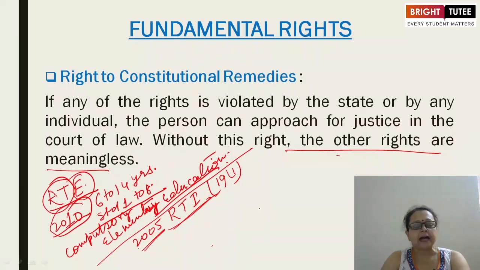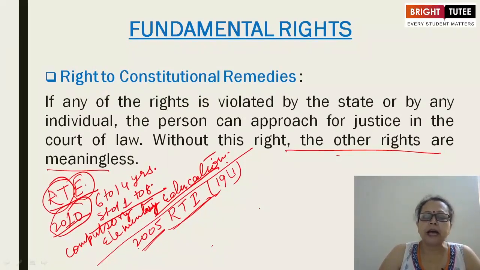But when this RTI was implemented in 2005, every citizen got the right to freedom of speech and expression and the right to know how the government works, what roles it plays, what its functions are, and so on, about the entire government.